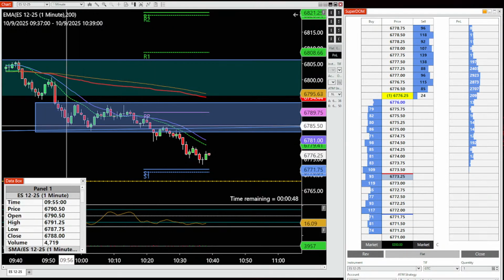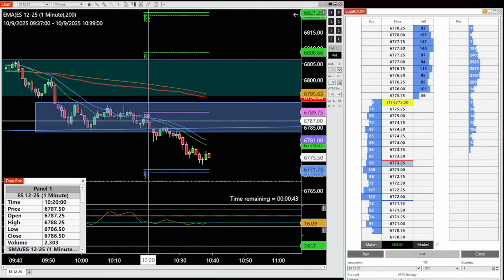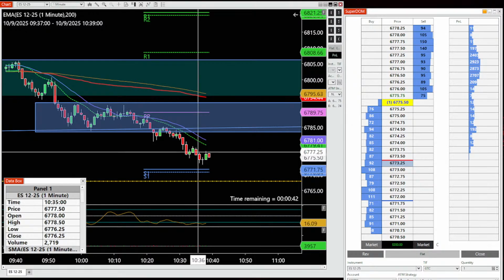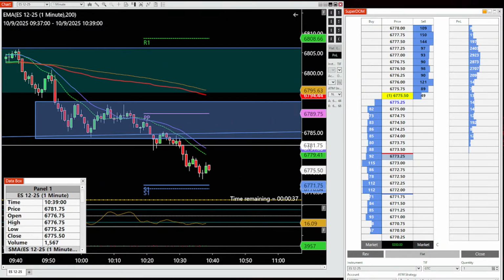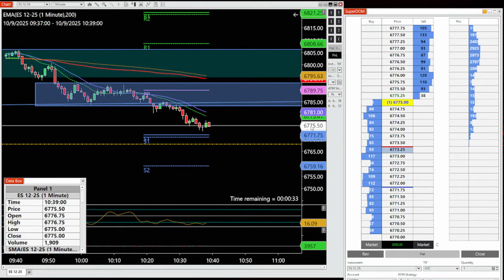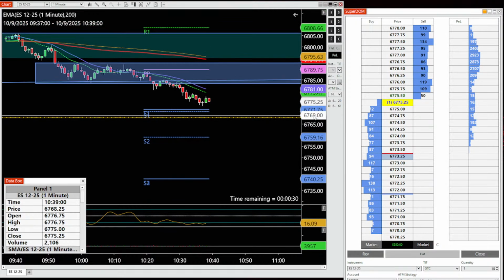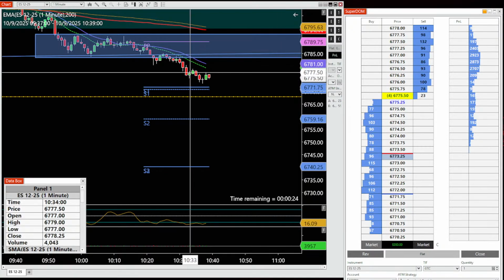It came in, went sideways, made some lower highs, but we had some resistance on some support on a bigger time frame. I didn't really want to go against it. My stops are tight, so I would have been stopped out a lot of times.